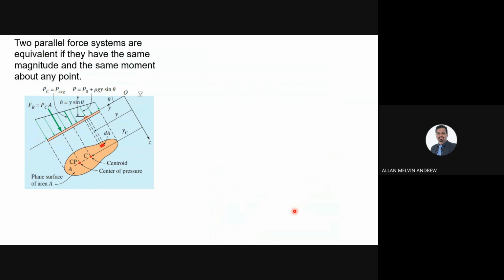Two parallel force systems are equivalent if they have the same magnitude and the same moment about any point. So if you have two objects experiencing the same magnitude of force at the same place, same height, we consider it a parallel force system.